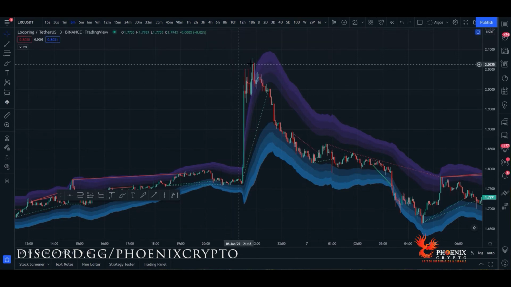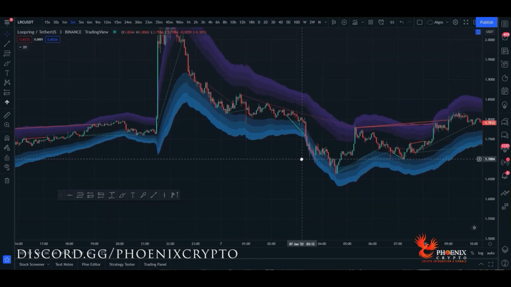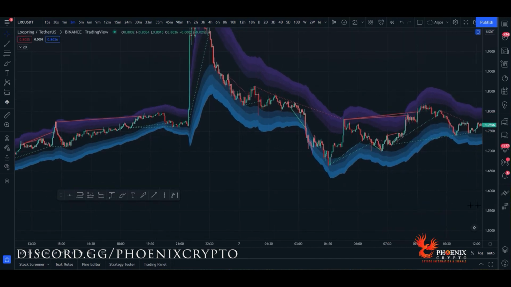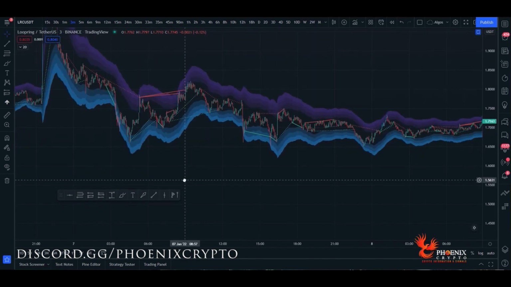People taking profit up here, taking money out of the asset. And there will undoubtedly be people who have been holding the bag, left there, and the price keeps dropping. Price keeps dropping. And I actually kept it open for quite some time. And you can see the price just keeps going.